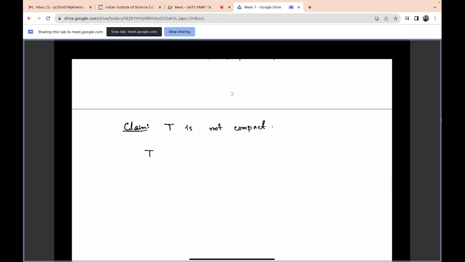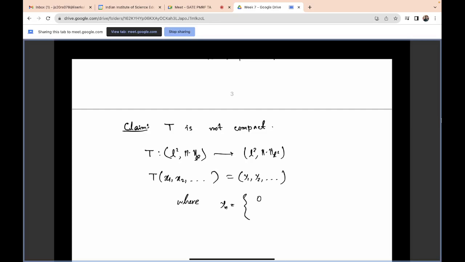So what is T? T basically takes L2 to L2. T of x1, x2, dot dot dot will map to y1, y2, dot dot dot, where yn is basically 0 if n is odd, and it is xn if n is even.